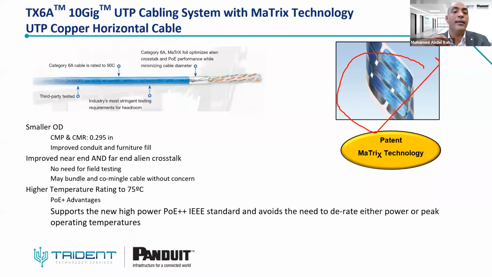Nowadays, this cable can be rated up to 75°, and we also have 90° cables. So you have flexibility in using the cable. You have a cable that supports the higher temperature rating, so you don't have any concern for the bundling of the cable. Also, we have the Varimatrix cable and Varimatrix HD cable.